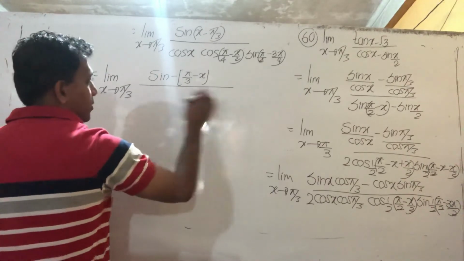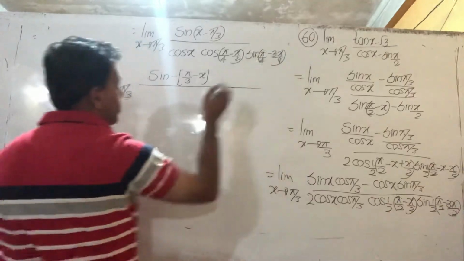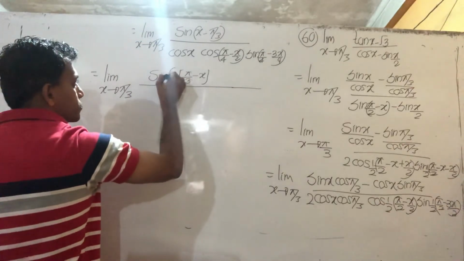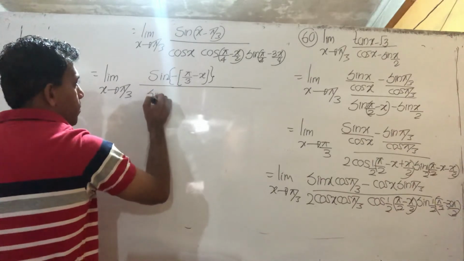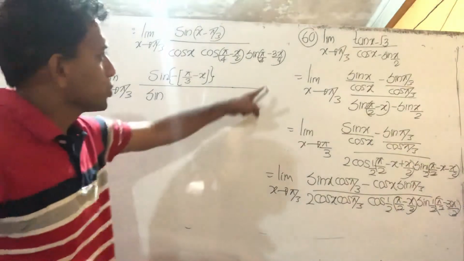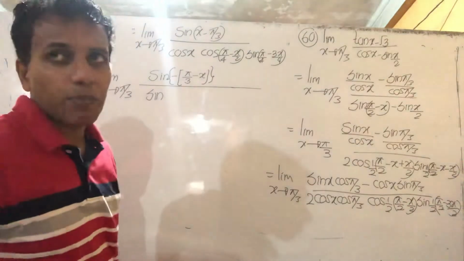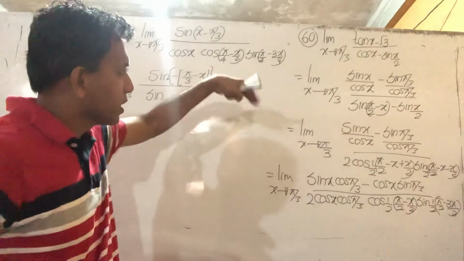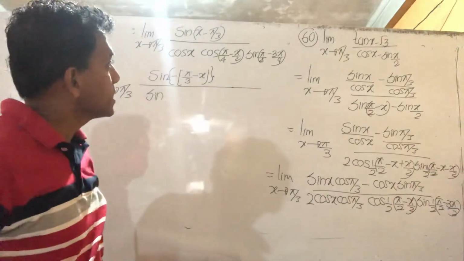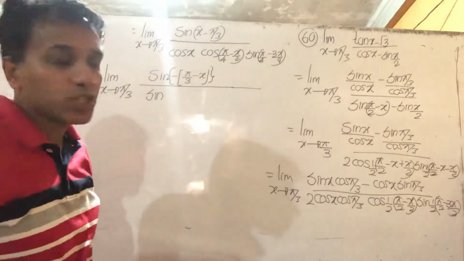Now write the sine part. So I try to show this pi by 3 something, pi by 3. Therefore, I won't take something out. By any method, we write that sine theta over theta form. That's the idea in this question, right?